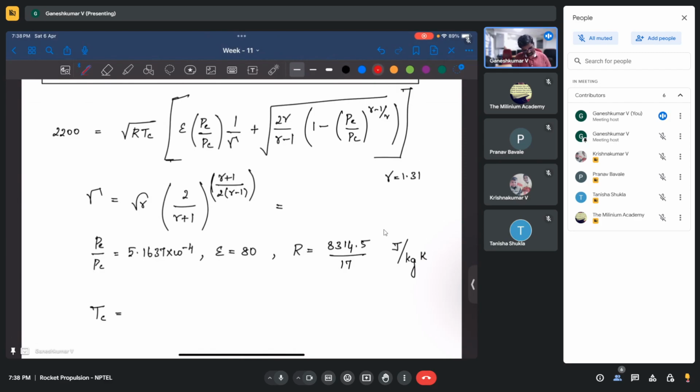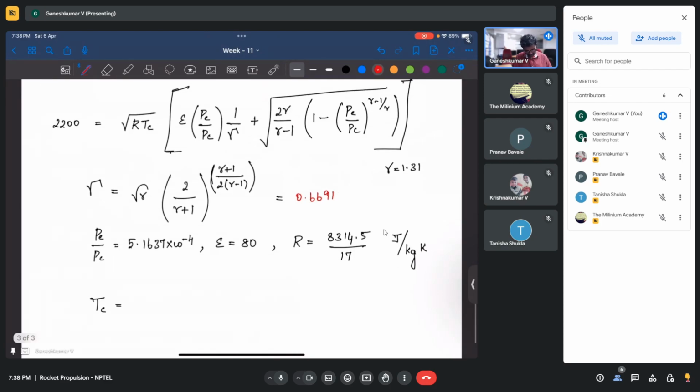Capital gamma I am getting something like 0.6691. I'm not sure, please cross-check once. And then if you substitute all this, how much is the temperature coming out?